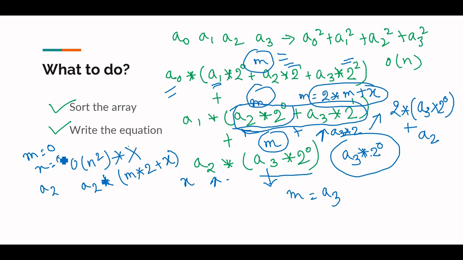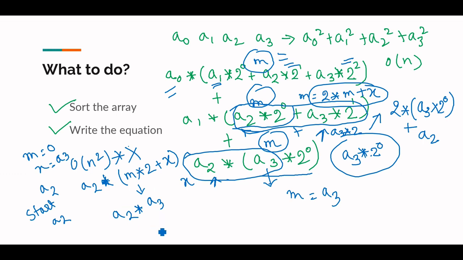Sorry, x is not 0, x is the last element, A3. So we start with A2, and here it will give A2 comma, m is 0, 0 into 2 is 0 plus x is A3. Yeah, that is what we are receiving.